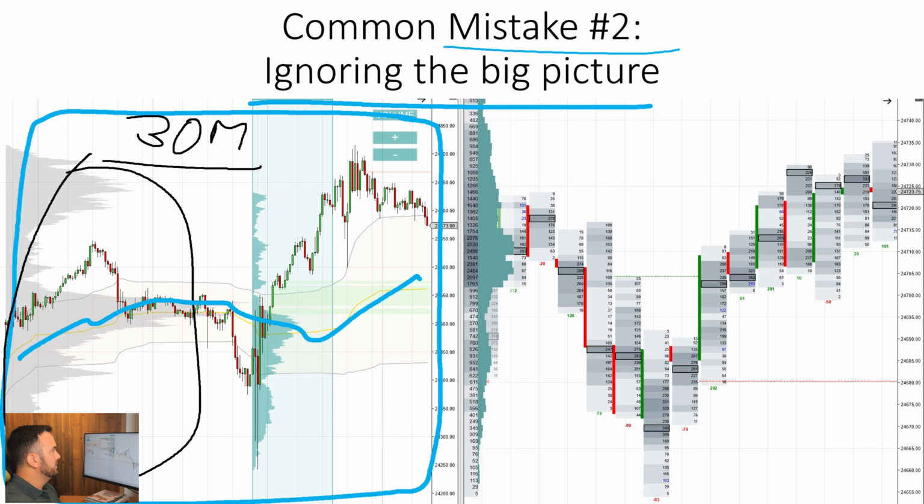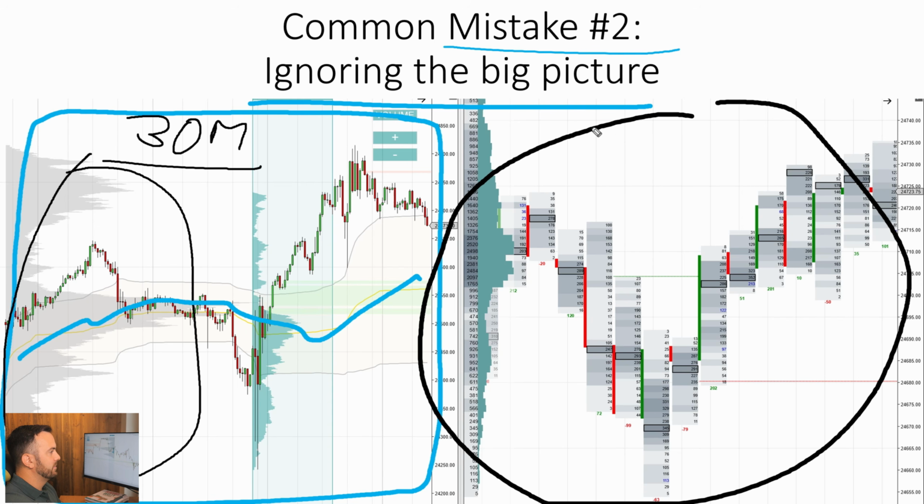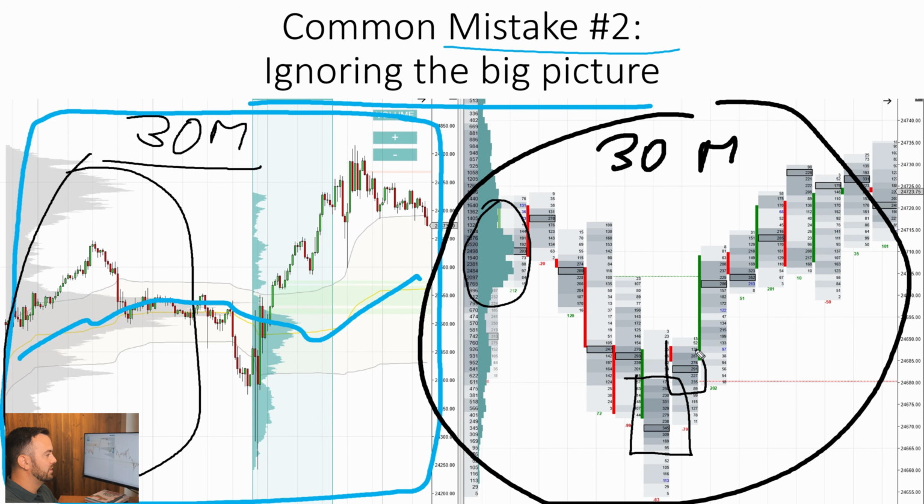You can also use something like this. This is also a 30-minute chart, but in this case it is a footprint chart, but it still shows you the big picture because there's the volume profile, and you are also seeing those heavy volume clusters that are very important in your decision making.